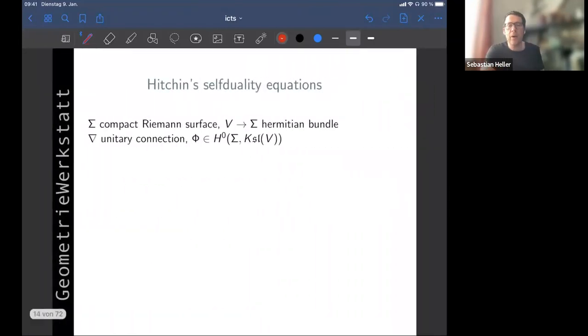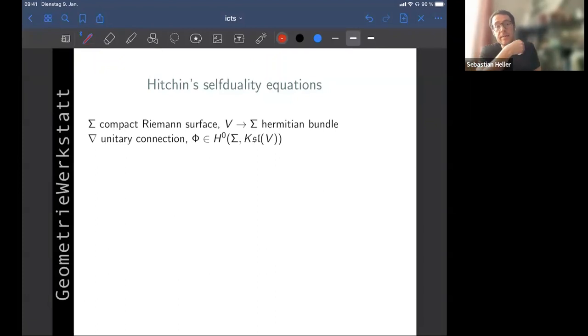And somehow interestingly, the way this works is via another integrable PDE, namely the famous Hitchin self-duality equations. So the setup, at least for this talk, is the following. I consider a compact Riemann surface sigma and a Hermitian vector bundle.